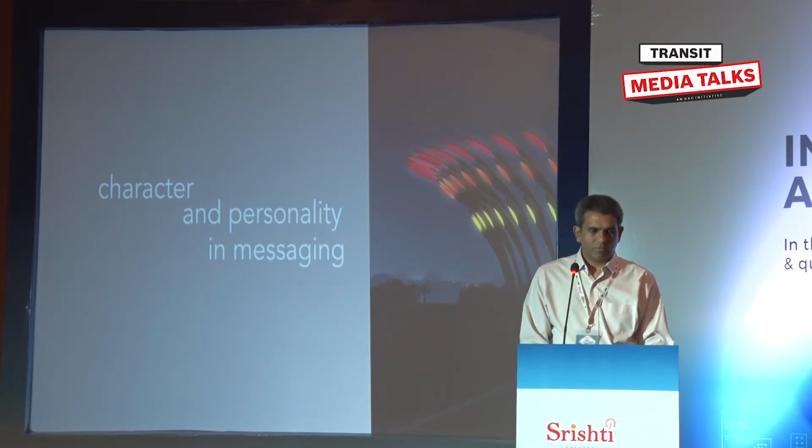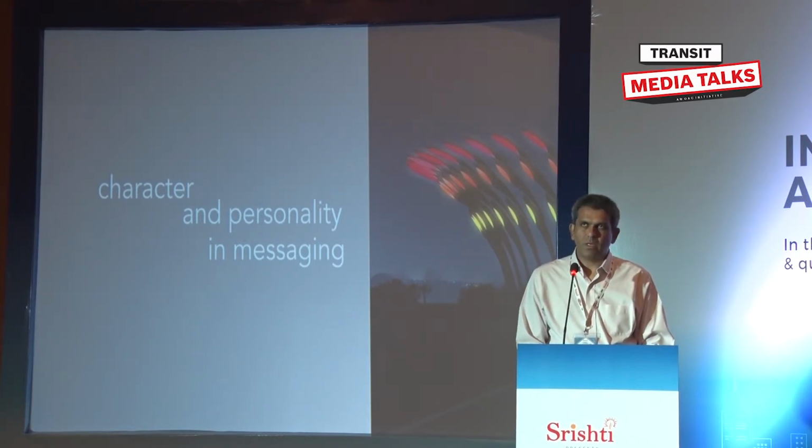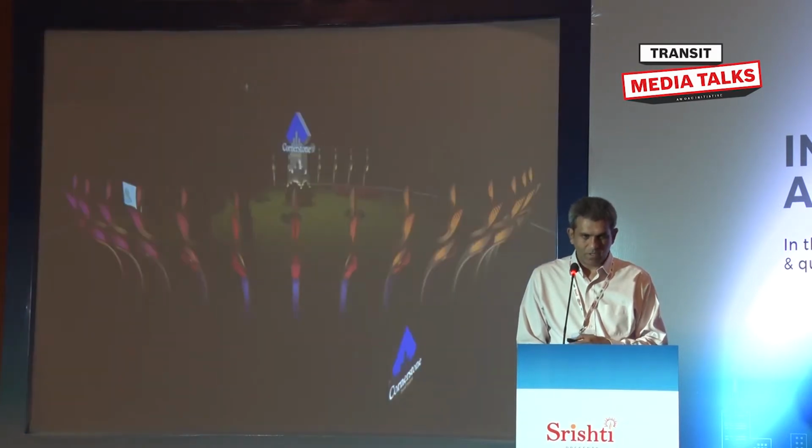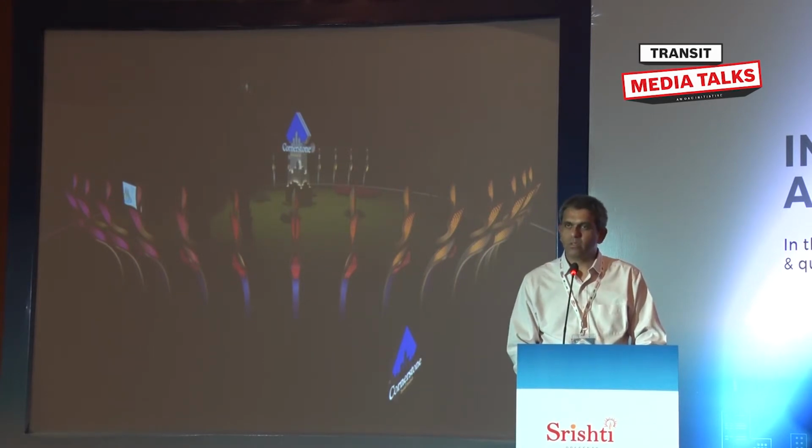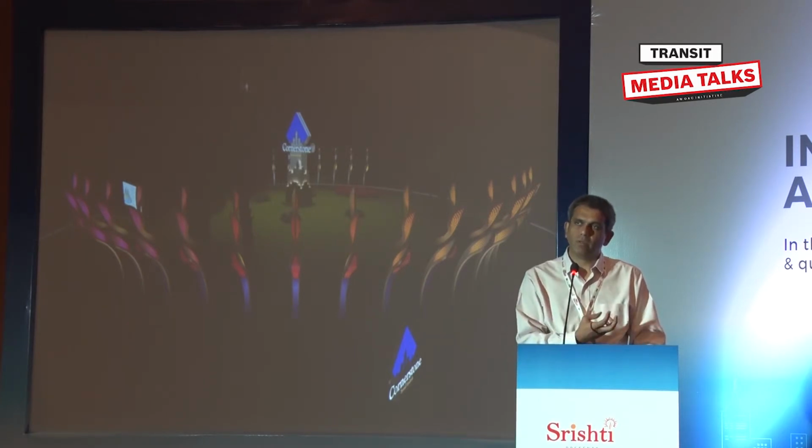Coming down to a couple of slides, a few which are a little more sculptural, but again to make a point on how we create character and personality in messaging. This is something that we've done for a roundabout at the airport in Bangalore, and we took the idea of Flowers of Bangalore and said, let's not just push branding of a company that hired the space, but look at how we can combine the thought of the Bangalore airport being about sustainability, about nature.